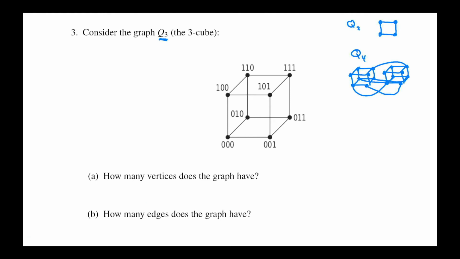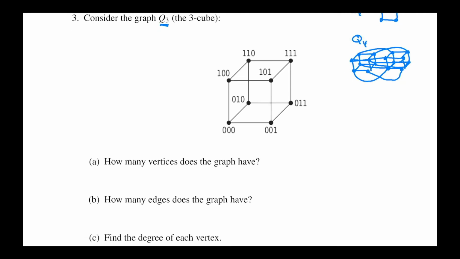They're terrible looking, but today is not the day that we learn about that. The point was that Q3 is a special graph, and this is in particular what it looks like.